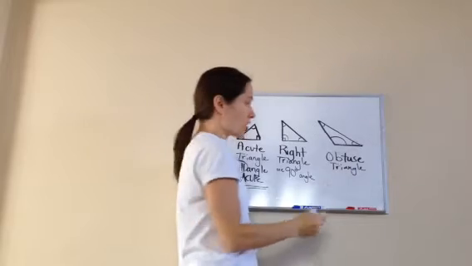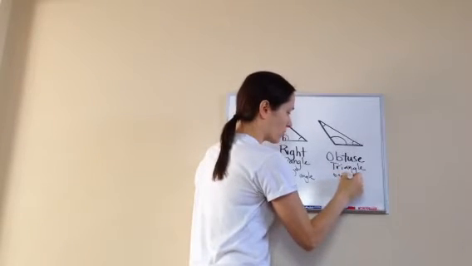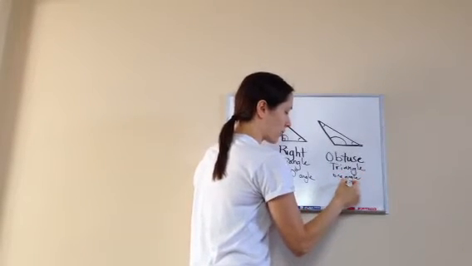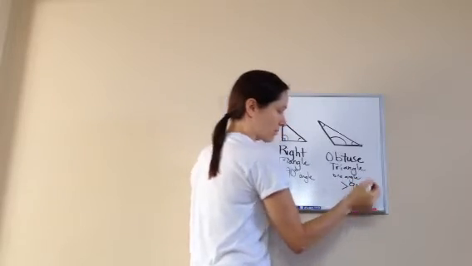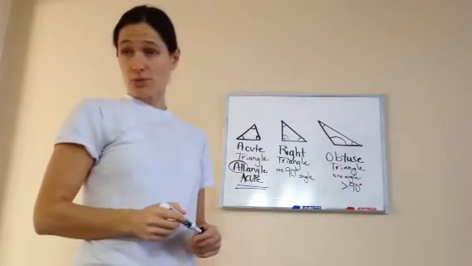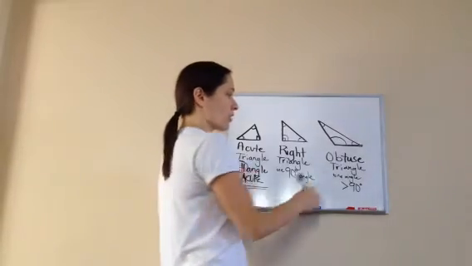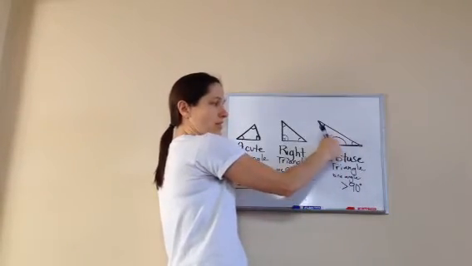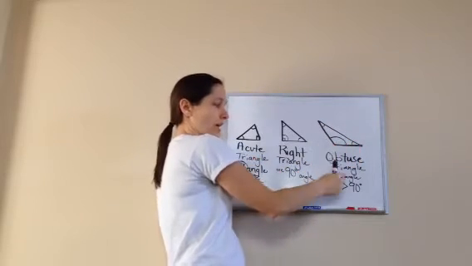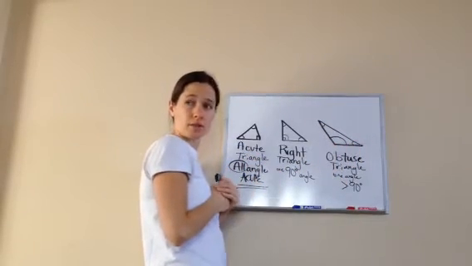Got it? So one angle has to be greater than 90 degrees. Remember, greater than 90 degrees makes it an obtuse angle or triangle. So what makes this an obtuse triangle is that one of the angles is greater than 90 degrees. You got it?